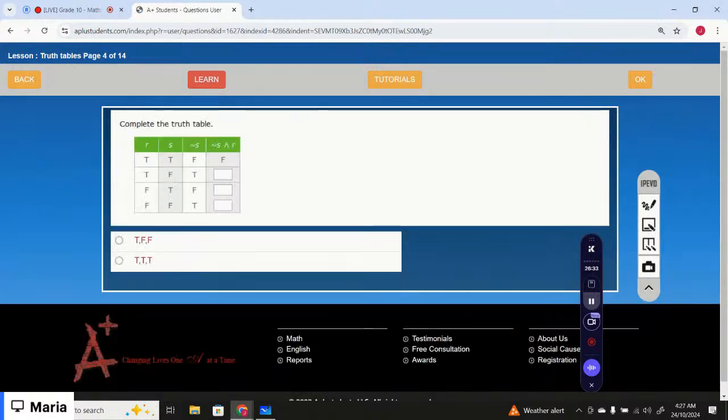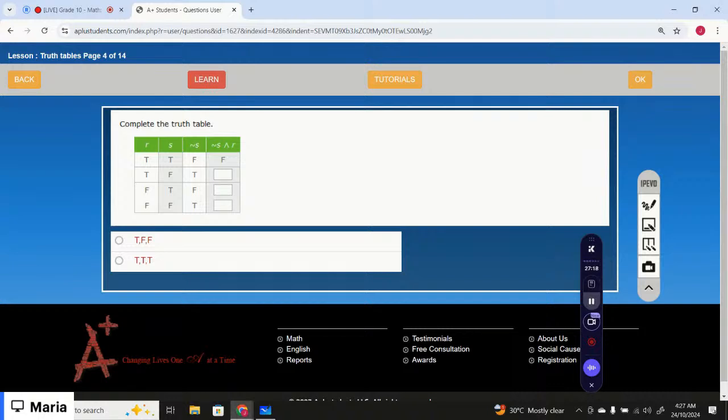Complete the truth table. So you have to do and, right?